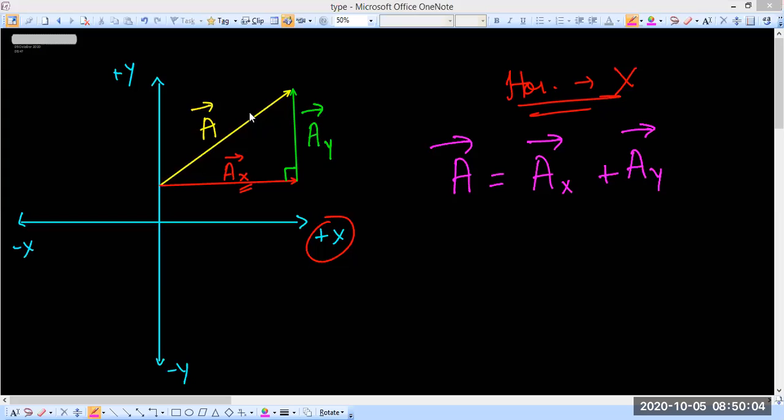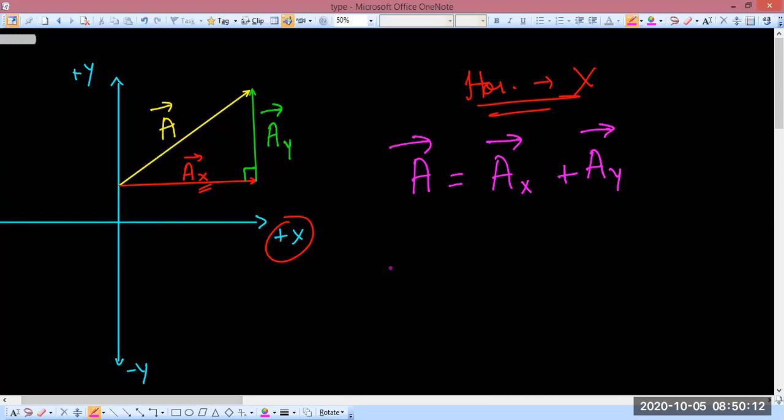Okay. Right. Now think about this. Do you realize that every vector, so AX vector is a vector, I can write it in the form of magnitude and direction. Again, this is magnitude and this is unit vector, so it is showing direction, correct?